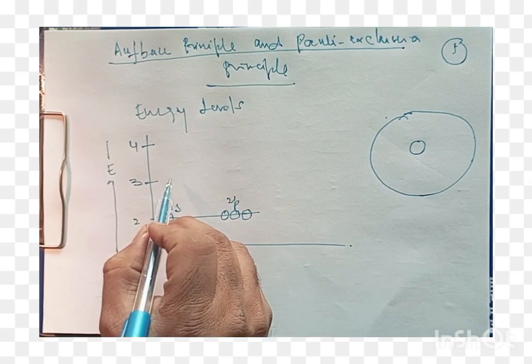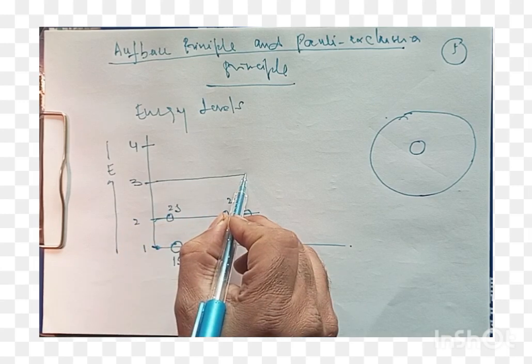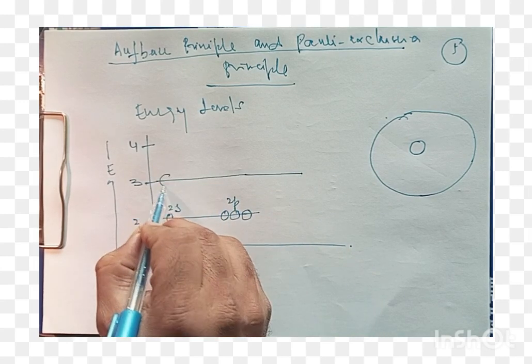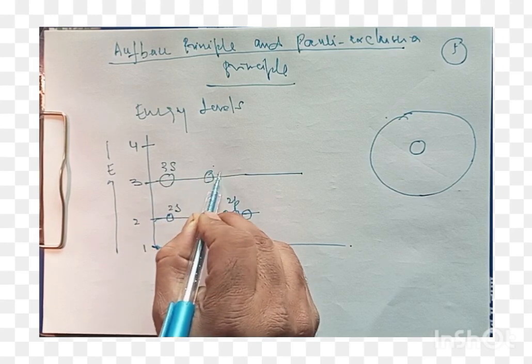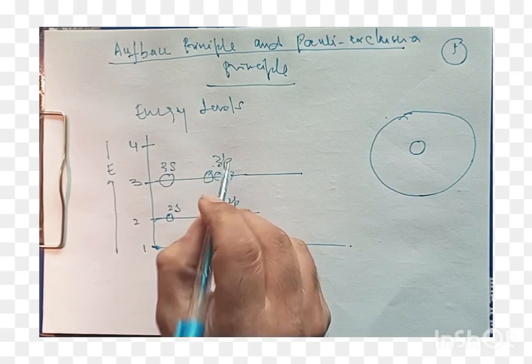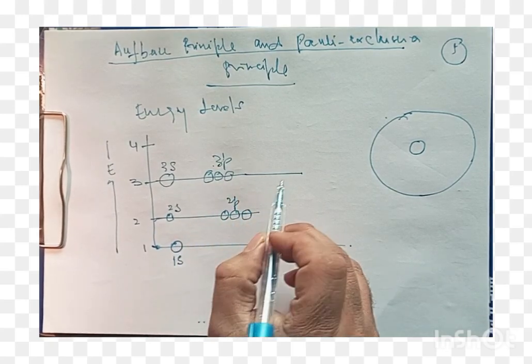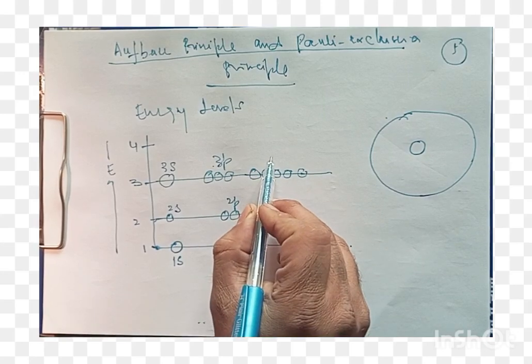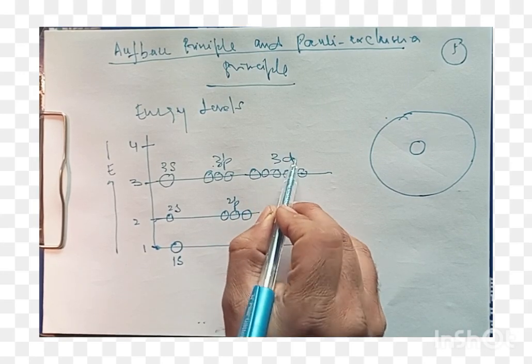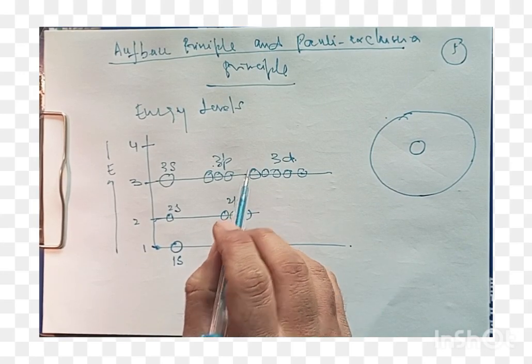Then 3s, 3p with 1, 2, and 3, and 3d with 1, 2, 3, 4, and 5. So this will refer to 3d.